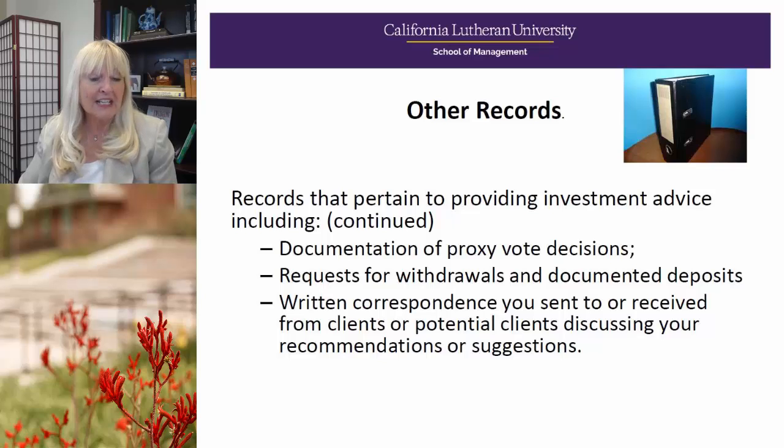They'll want documentation about the proxy votes for any stock that they hold, their written requests for withdrawals of their money and their documented deposits, any written correspondence to or from your client that especially discusses anything regarding their investments. Those things are particularly reviewed.